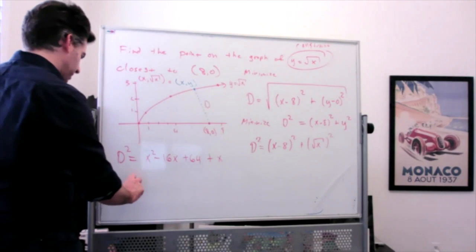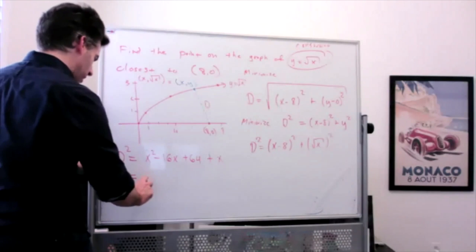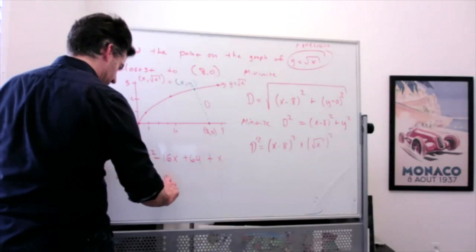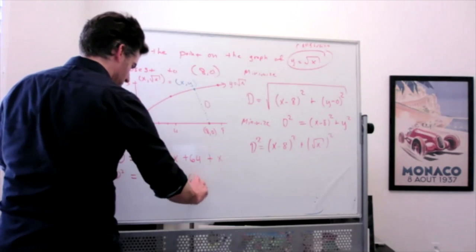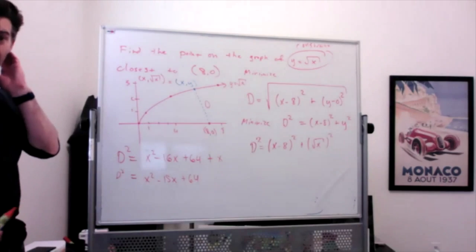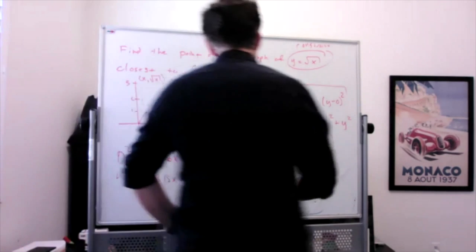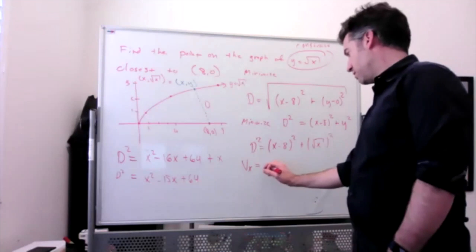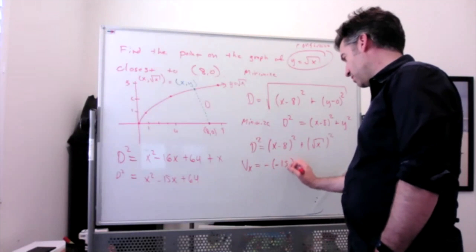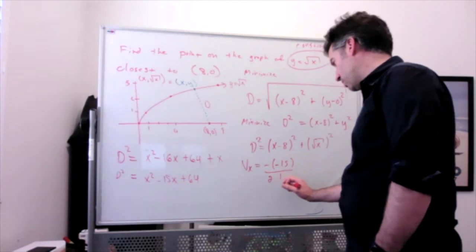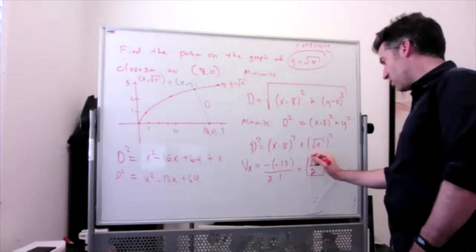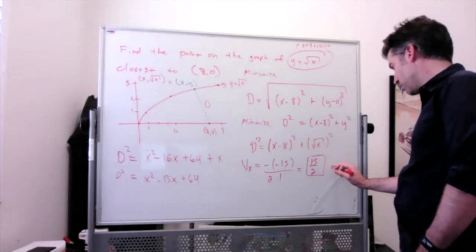So I can simplify this as x squared, negative 16 plus 1 is negative 15x, plus 64. And now we can find the vertex. The x coordinate of the vertex would be negative negative 15 over 2 times 1, which is 15 over 2. Or if you prefer, 7.5.